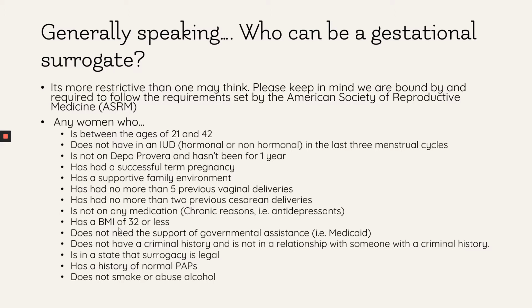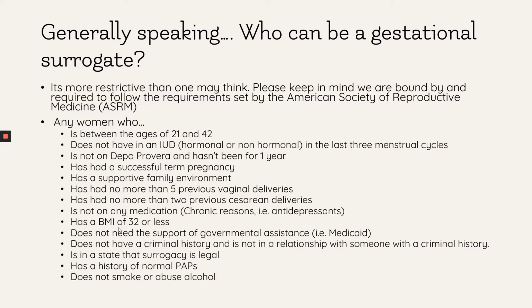You cannot be on a medication, like long-term medication that is chronic, where you cannot essentially stop it without the recommendation of a medical provider. This includes antidepressants. It's common, a lot of surrogates are on medication for thyroid. That is very normal and typically approved, but anything that has to do with mental health is exclusionary and disqualifying.